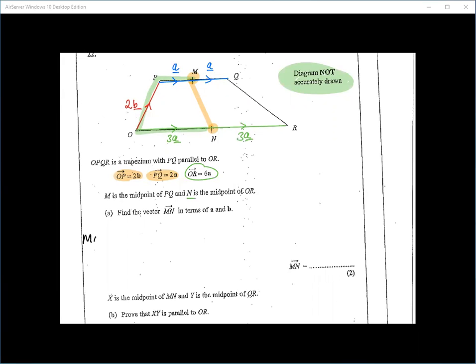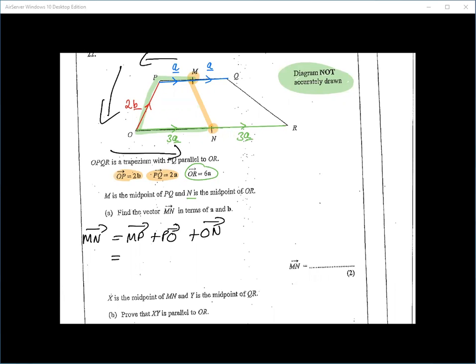So M to N is equal to M to P plus P to O, i.e. this way, and then that way, add O to N. Don't feel rushed to miss this part out. This part is important. You must write the idea down, and then you put the layer of maths onto it. Then you start putting in the values.